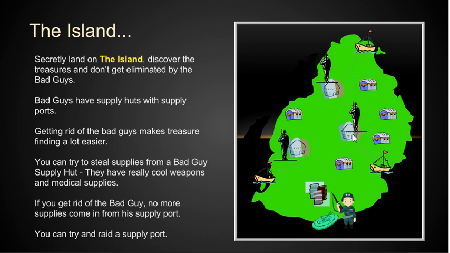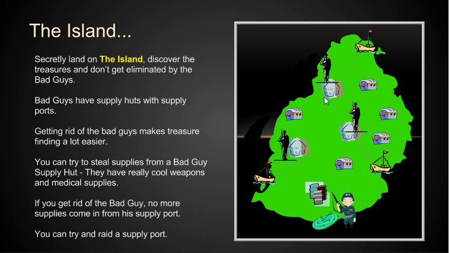Each bad guy has his own supply hut, and each supply hut is supplied with a port. So periodically a boat will come in with supplies, and the bad guy will take it and put it into his supply hut. Getting rid of bad guys makes treasure finding a lot easier.